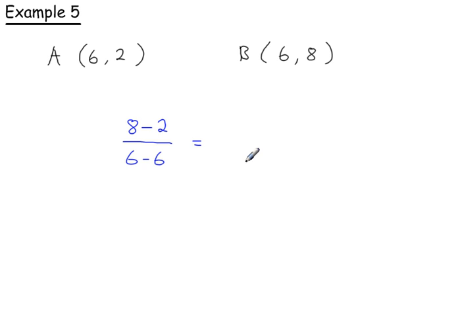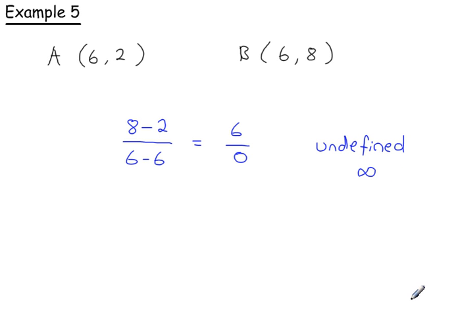So 8 minus 2 gives me 6. 6 minus 6 is 0. Anything divided by 0 is undefined, meaning that it's infinitely large. And this is the symbol for infinity. It's like the number 8, but instead of being vertical, it's horizontal.